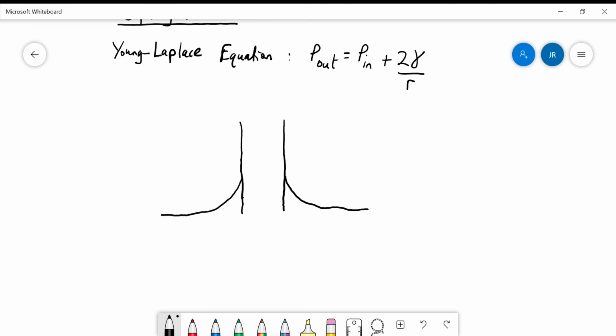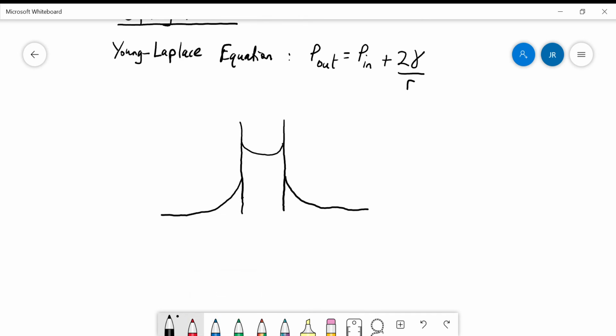So let's say that's a pretty good capillary tube. Let's say the liquid has risen up inside like this.